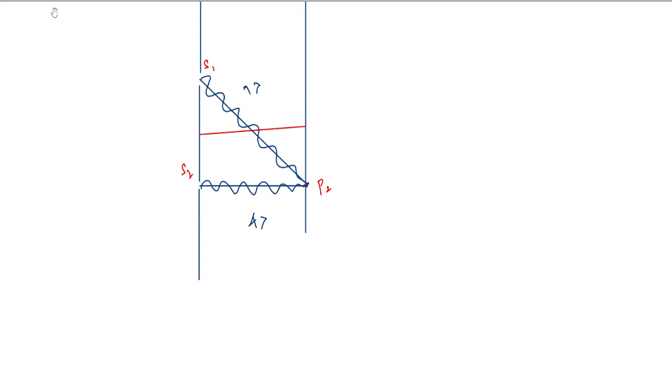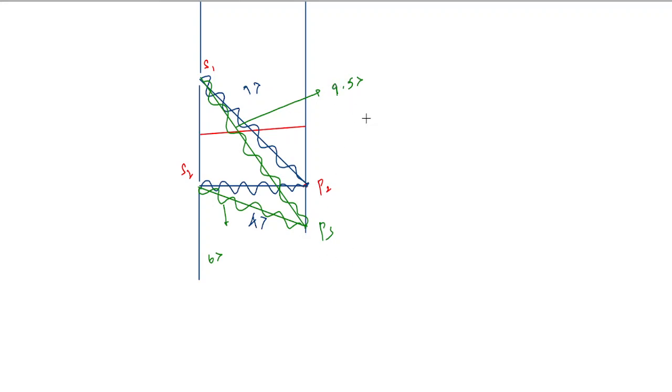If we take another point somewhere here, a point P3, if this distance is, say, 6 lambda, and the distance from this to this, let's call it, say, 9.5 lambda.